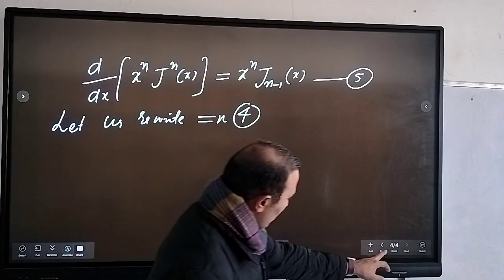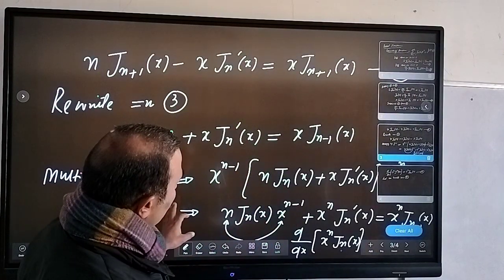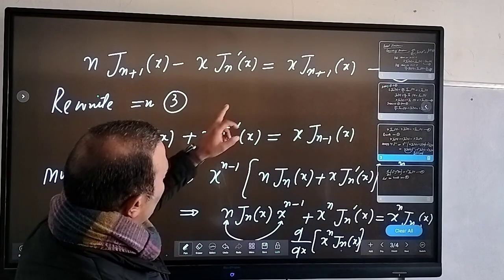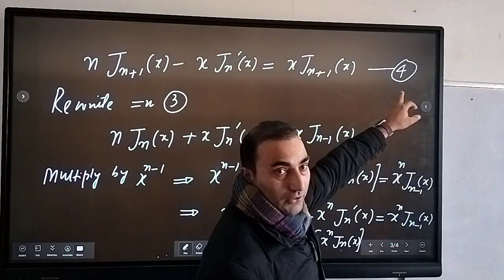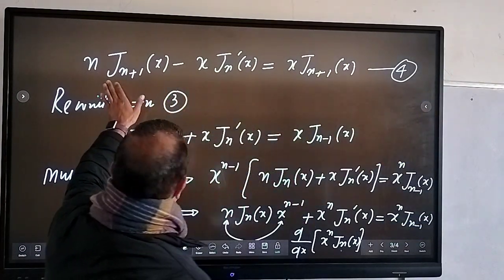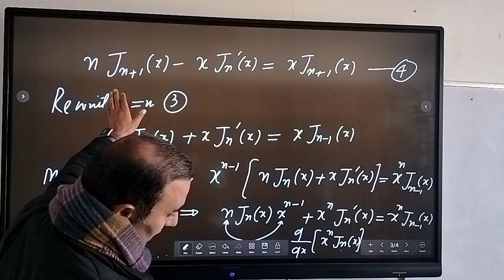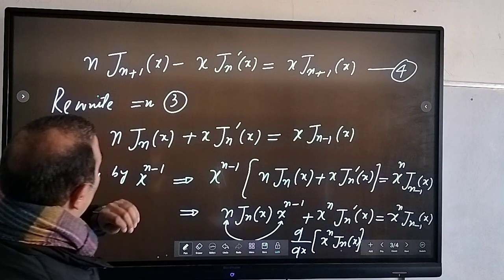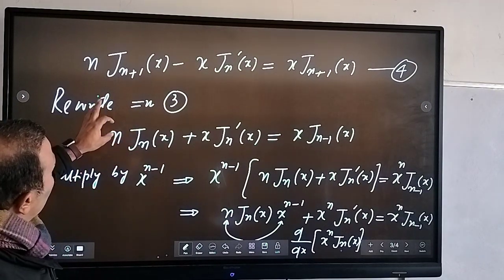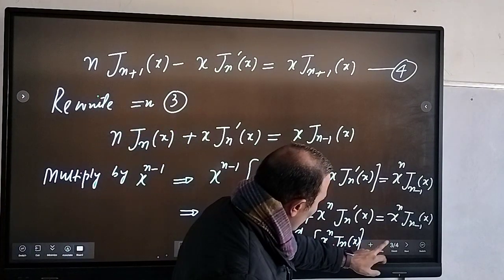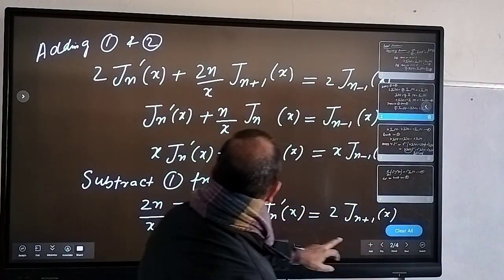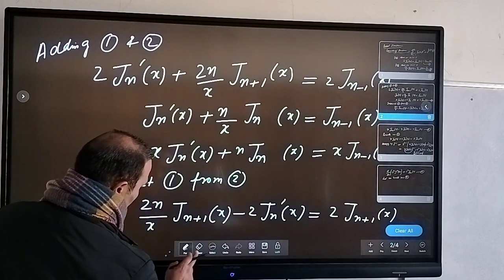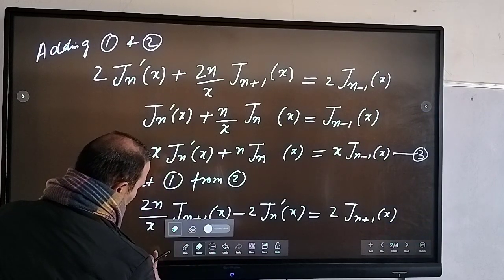Let's rewrite equation 4. So this is our equation 4, right? Equation 4 is x raised power n Jn of x, or you can write this as J n plus 1. I made a mistake here too, just have a look at this. Because when we subtract these, it should be Jn, sorry, because I made a mistake there also.